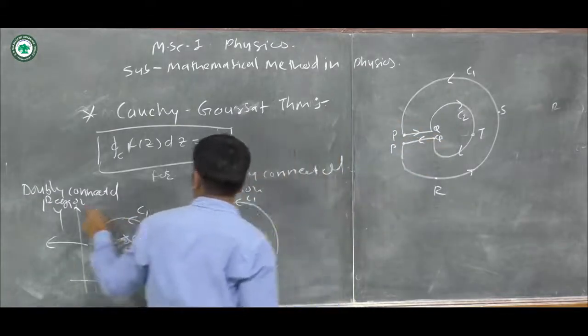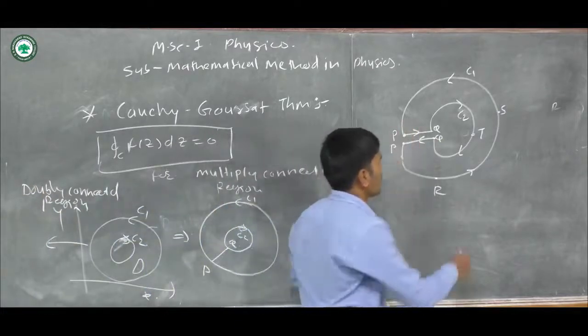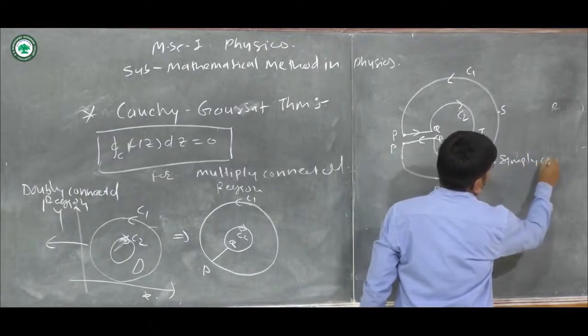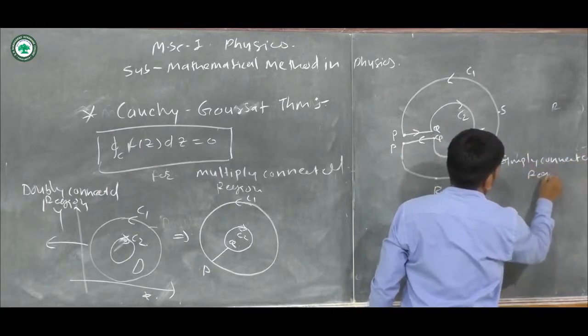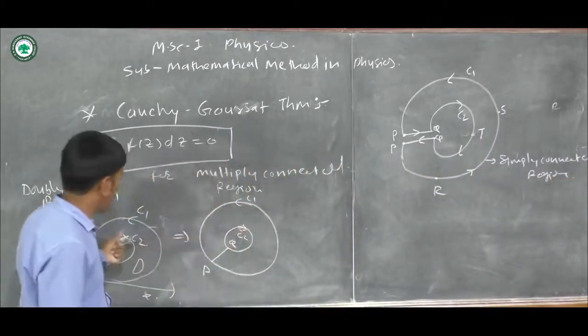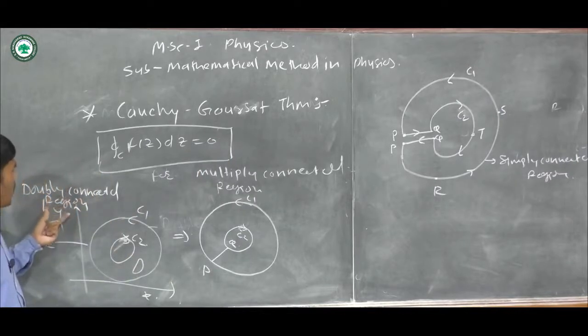So we have converted the doubly connected region to a simply connected region. Similarly you can apply this to triply connected regions.